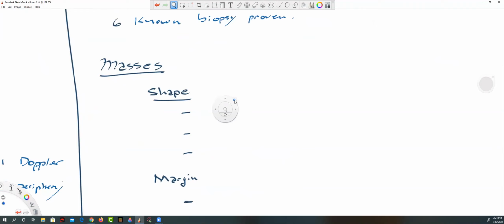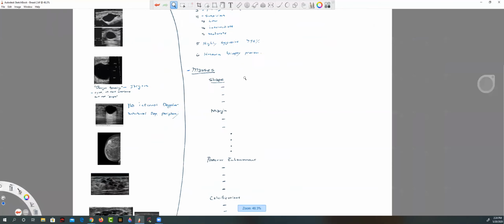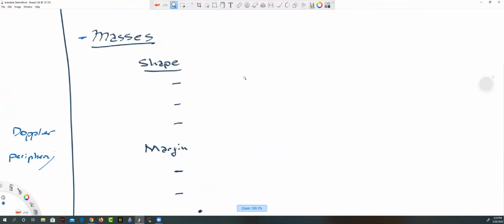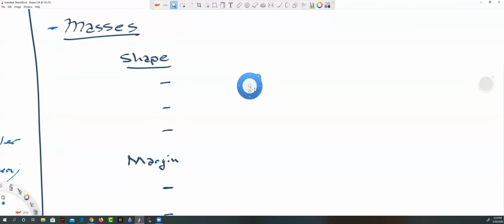When we do find masses, are these all solid? I guess this counts for cystic and solid. I think of this as mostly solid, but cysts are in there too. The shape of a mass: round or oval.